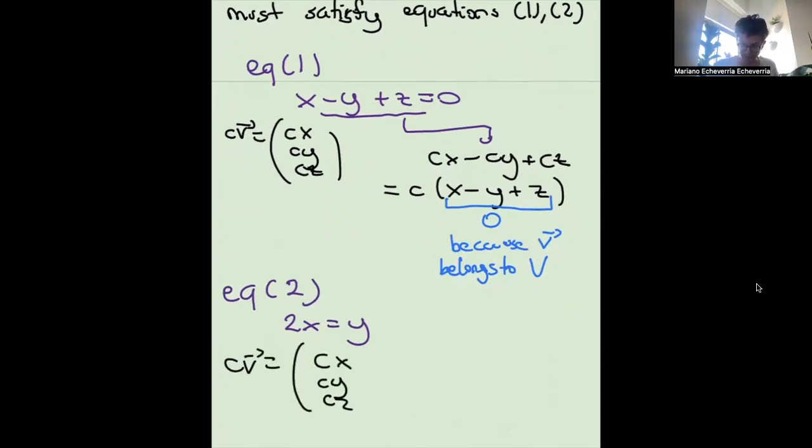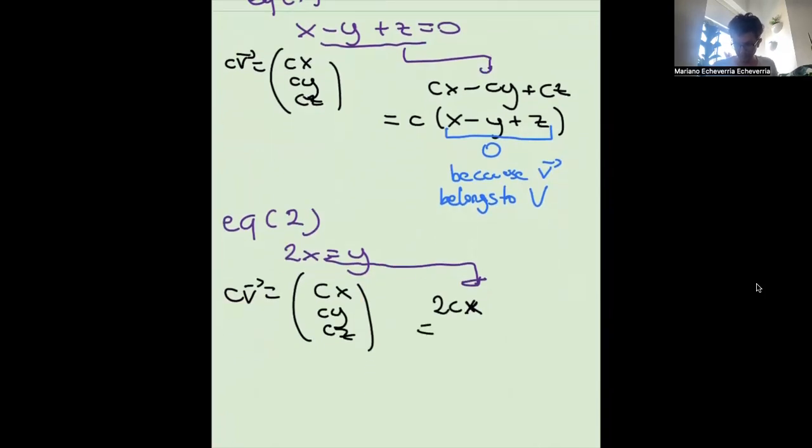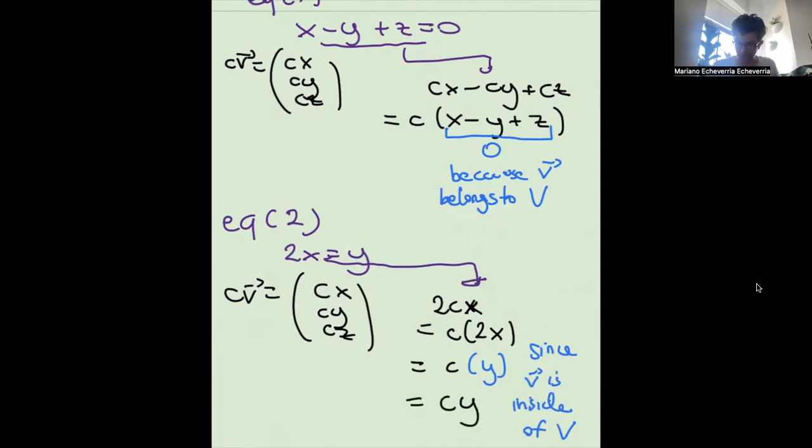They are cx, cy, cz. So for these entries, 2x is really 2cx, but 2cx is c times 2x. And 2x equals y because v is inside V. So that means that twice the first entry gives you the second entry, which was the condition for satisfying equation two.